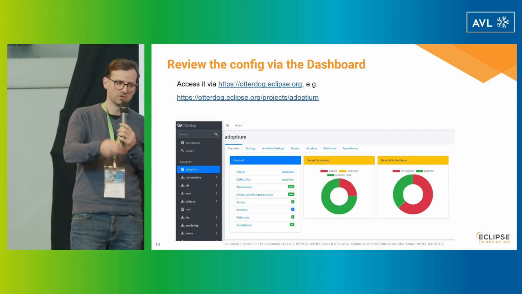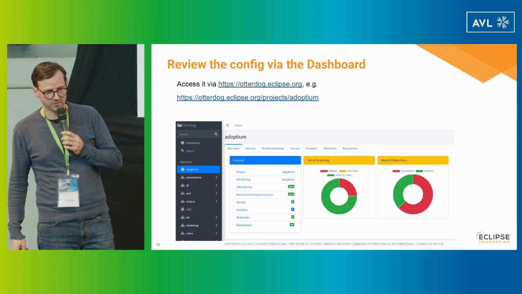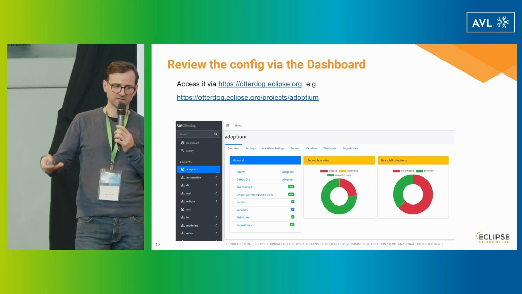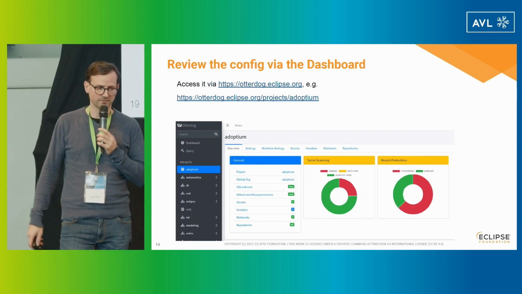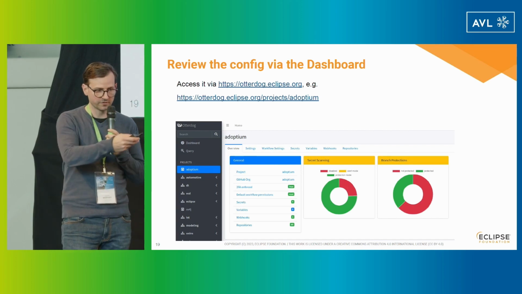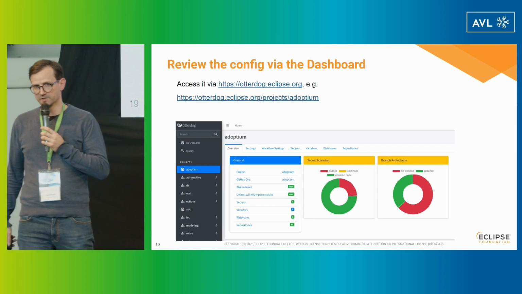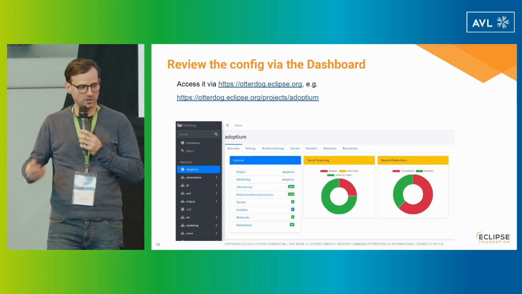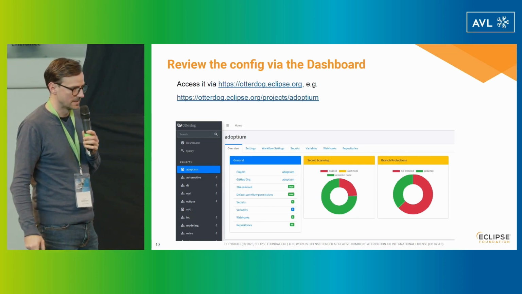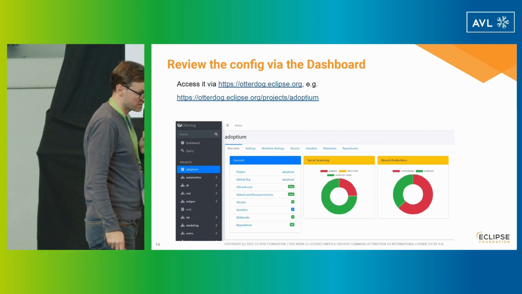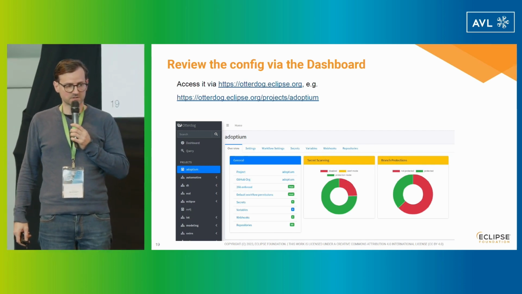For example, the number of repositories for which secret scanning is enabled, branch protections are enabled, and stuff like that. Another important factor you see on the left side is two-factor authentication enabled. That's something that we would like to push all projects to enforce for their organization as well, because it's rather important.